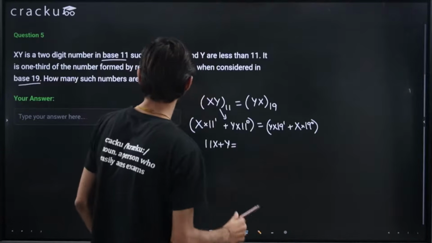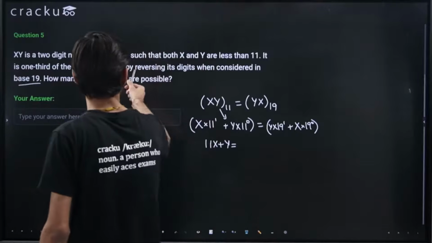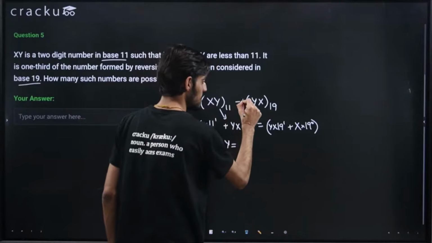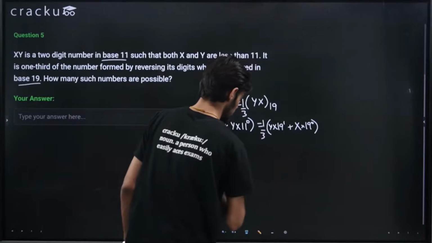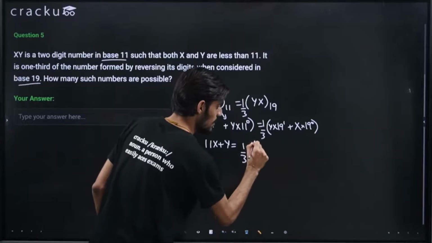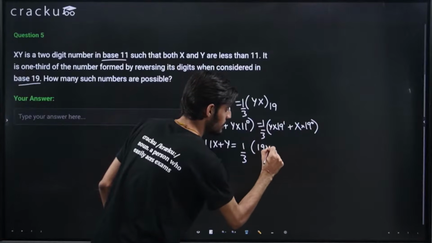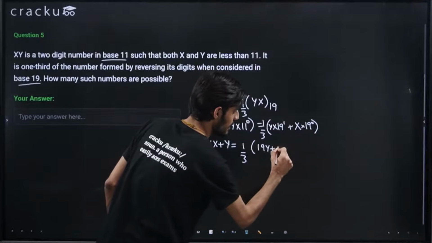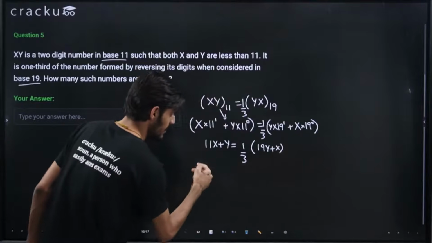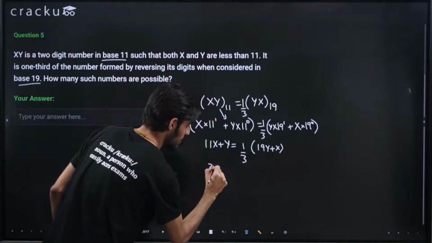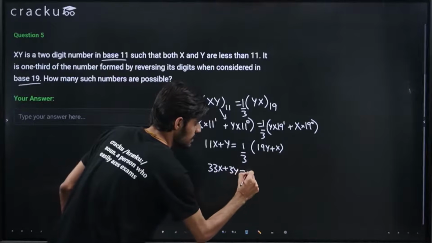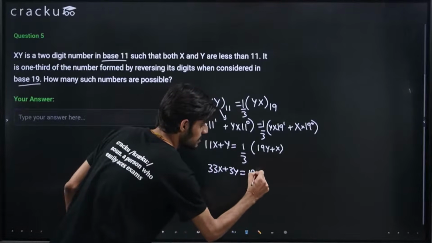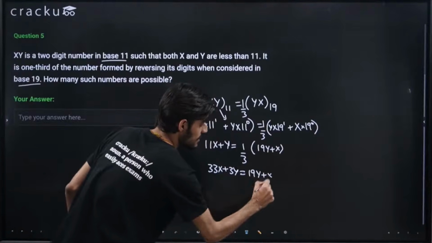I think I'm missing something. Yes, it is 1/3 of the number formed by reversing its digits. So this number is 1/3, right? So this is 1 by 3 of 19y plus x. We can just cross multiply 3 here. 33x plus 3y is equal to 19y plus x.